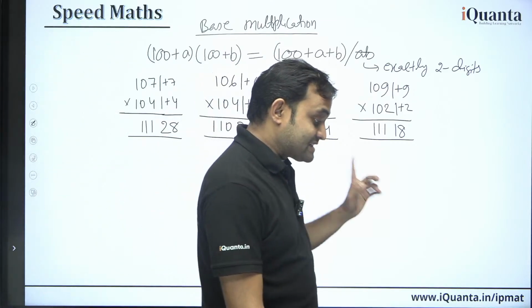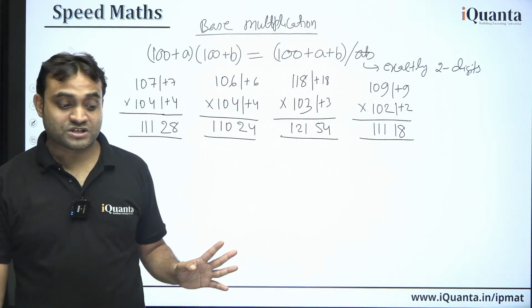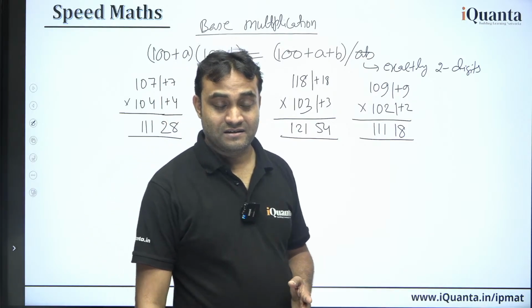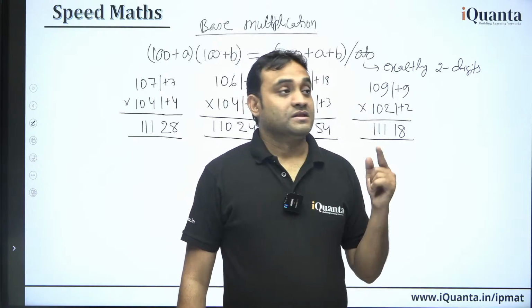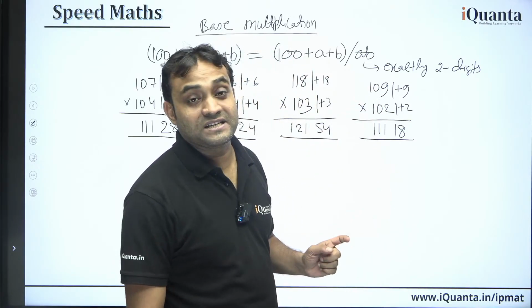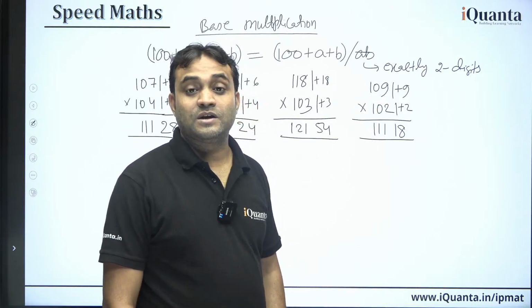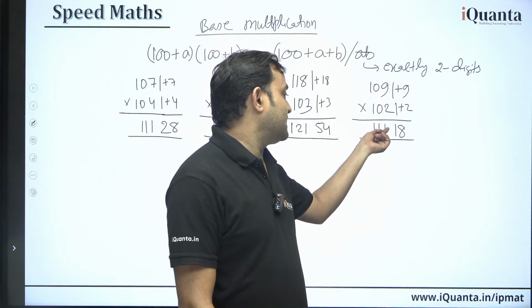Now, this calculation could be very helpful when you are trying to solve questions on percentages, right? Like, let's say the price is increased by 9% and the consumption is increased by 2%. Then by what percent has the expenditure increased? So it will be 11.18%.